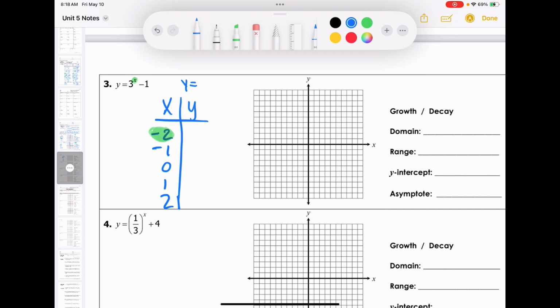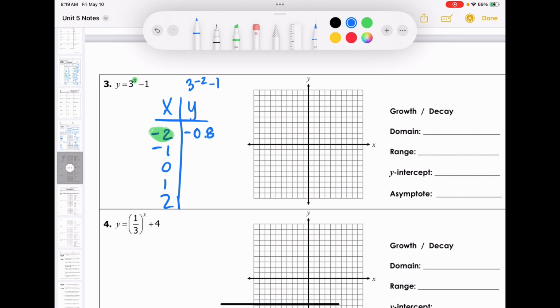In my calculator, I'm going to do 3 to the -2 minus 1. And that gives me -8/9, but I want the decimal, so I do -8 divided by 9, which gives me -0.8.